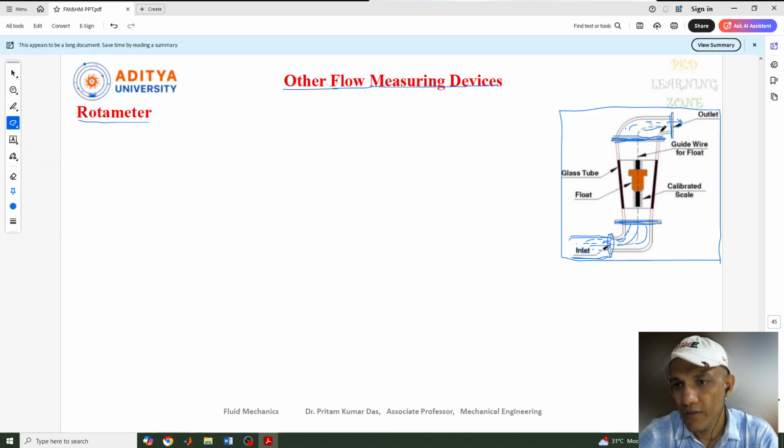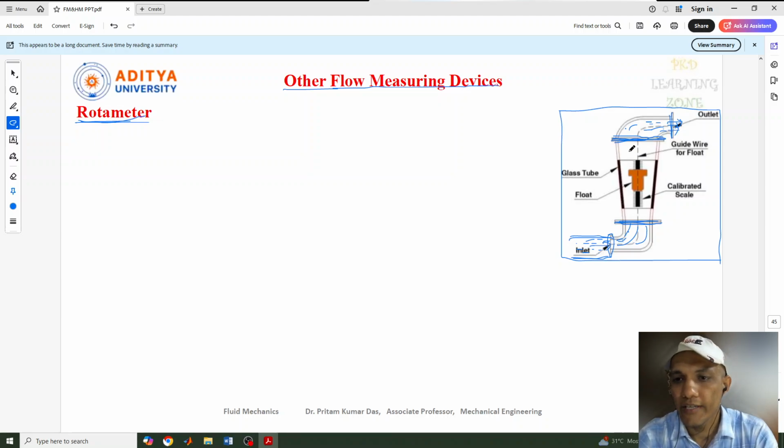This is the working of the fluid when it is flowing through a tube. So what is the work of this rotameter when the liquid is flowing? As I told you, the rotameter is used to measure the rate of flow, or to find out the discharge of the liquid when it is in a flowing condition.